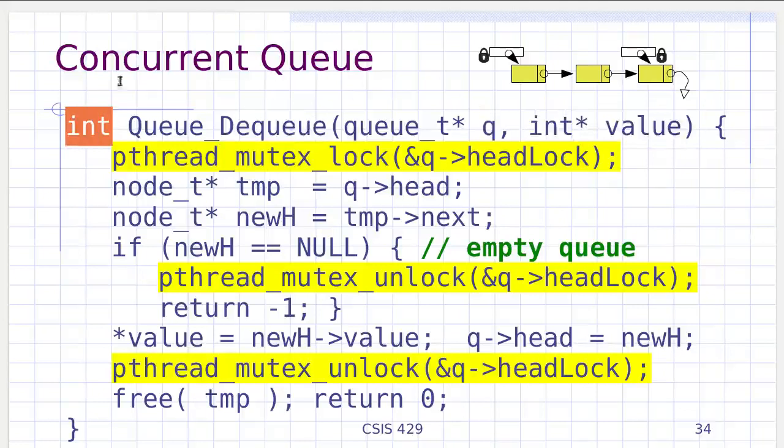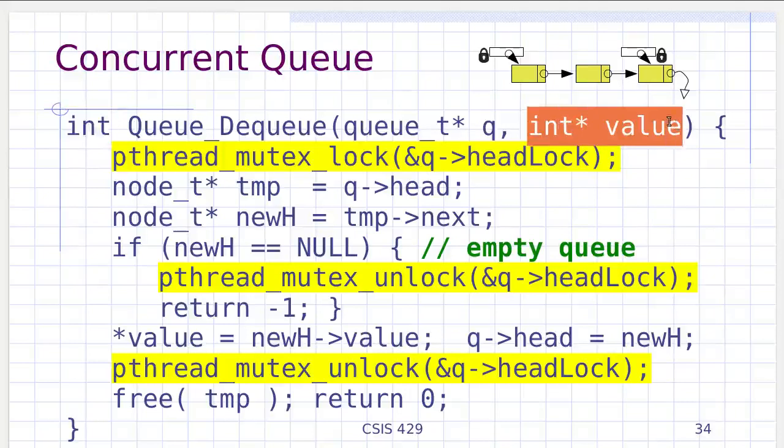But then the actual thing that you're trying to take out of the queue is, in effect, returned as a pointer. Okay, so in this case, remember that you're going to take things out of the front of the queue, or the head. So it's easy to do that.